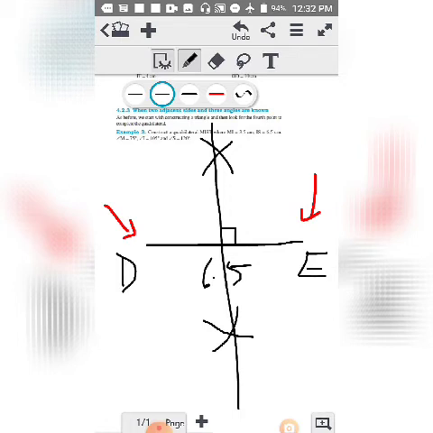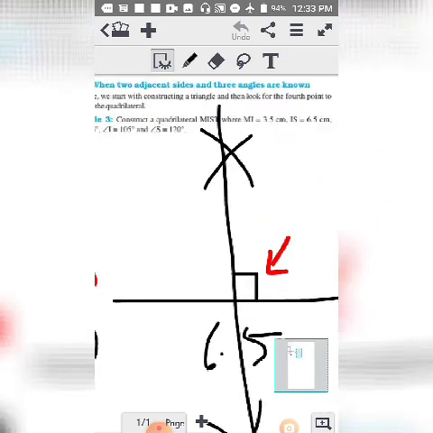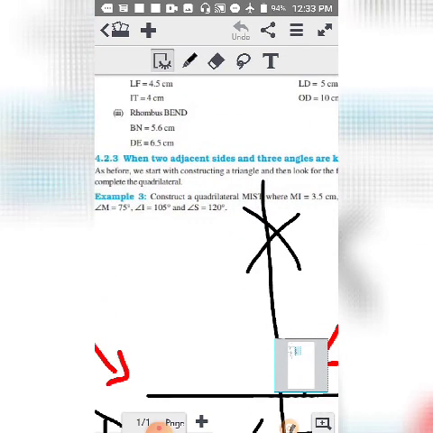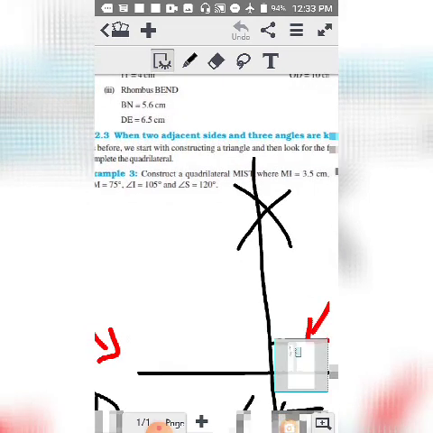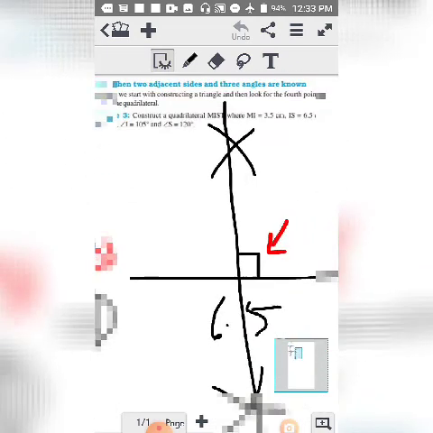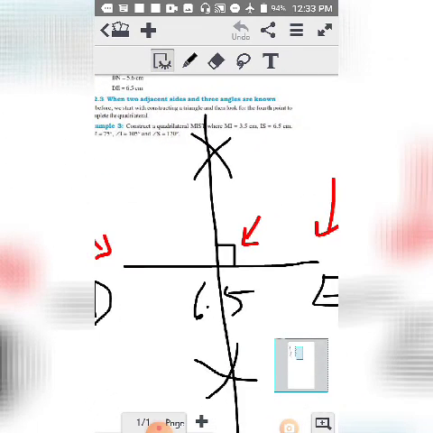Now this bisector of the line will cut the first diagonal at 90 degrees. So you can see this angle is 90 degrees. Now the second diagonal length was 5.6, which means the full diagonal is 5.6.